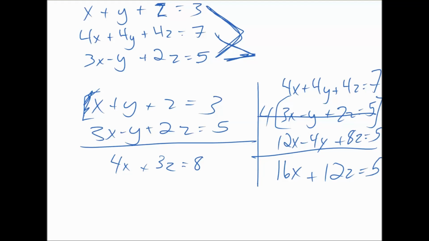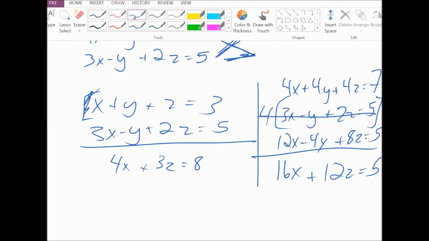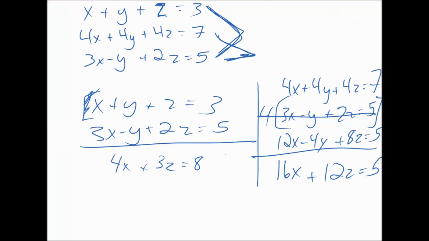Alright, now we have two equations. We're going to combine those two and hopefully get rid of one more variable. I'm just going to write this one underneath. So 16x plus 12z equals 5. Let's say we want to get rid of the z, so multiply times negative 4.